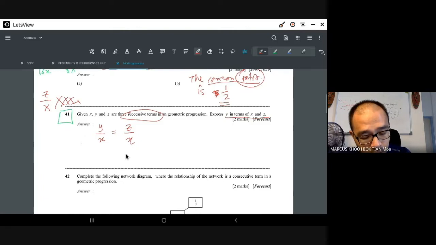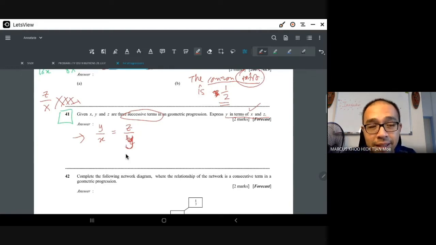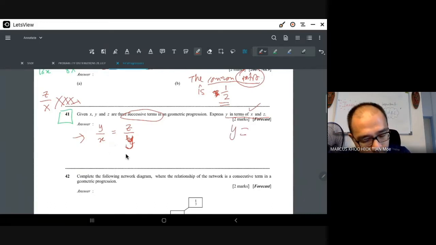Then from here, we can express Y in terms of X and Z. Y divided by X equals Z divided by Y. Sorry, Z divided by Y. My mistake. Okay. Express Y means Y equals. So, we cross multiply. Y squared equals ZX.